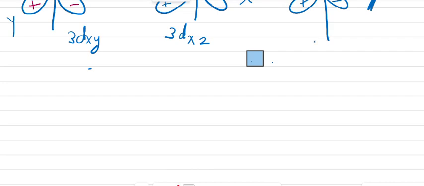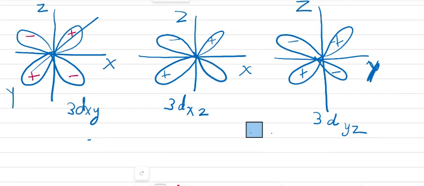These are the 3d orbitals: xy, yz and zx. Sorry, this is yz, along the y and z plane. This is in the yz plane, this is in the xz plane, and this is in the xy plane.